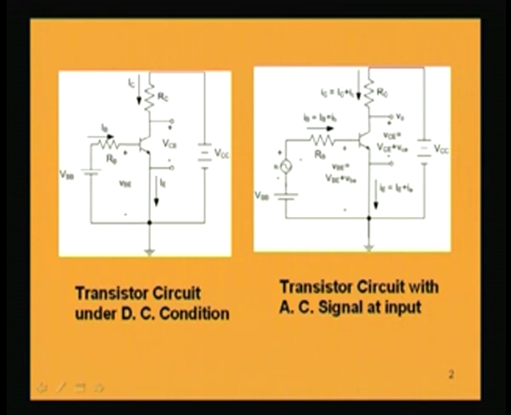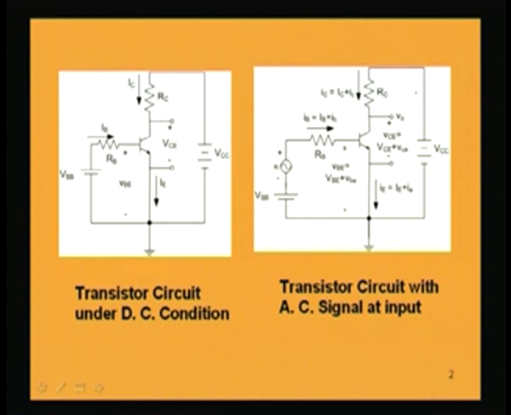That means we want the peak to peak magnitude of the input voltage to be magnified without any distortion in the shape of the input signal. If it is sinusoidal, we want a perfectly sinusoidal output at the collector, not distorted in any portion throughout the cycle, but with the peak to peak voltage magnified. That is the basic of amplification.